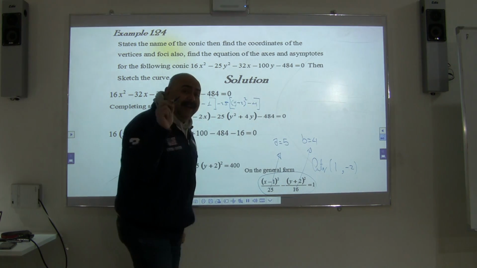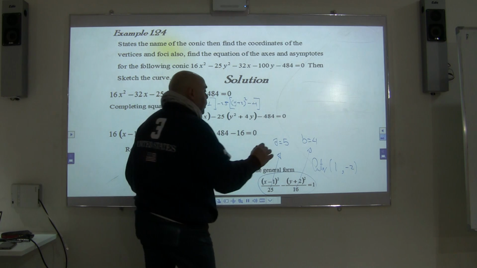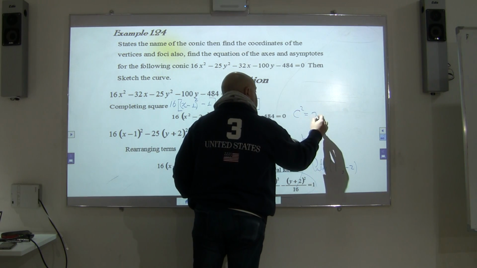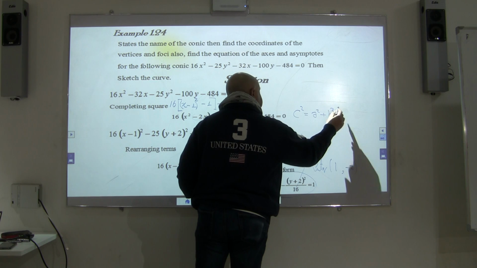If you want to get the eccentricity, it's really very simple, because C squared equals A squared plus B squared.